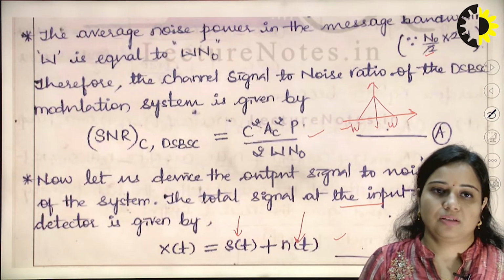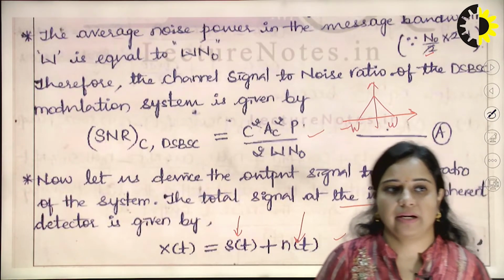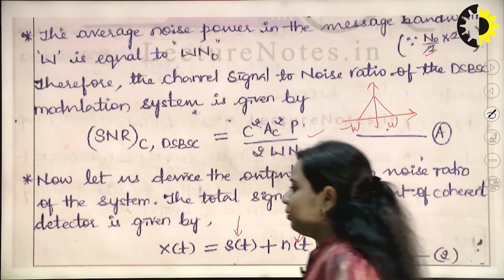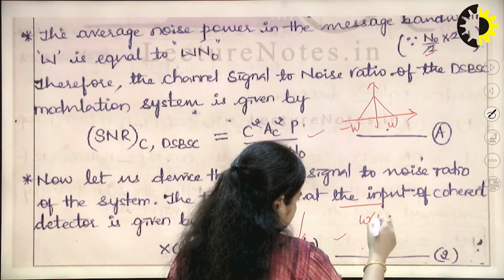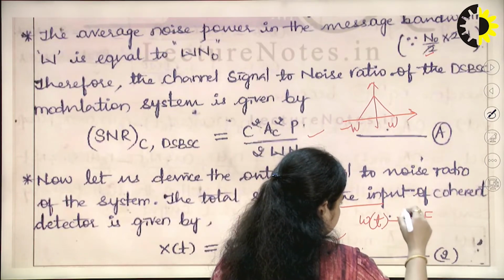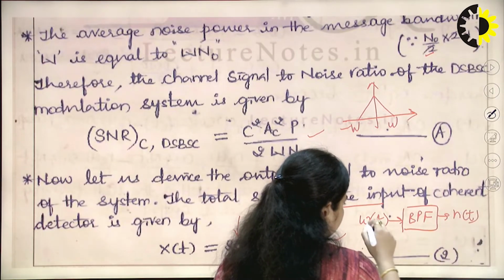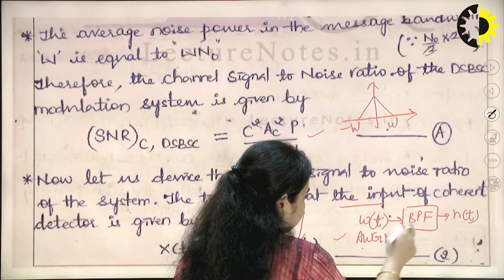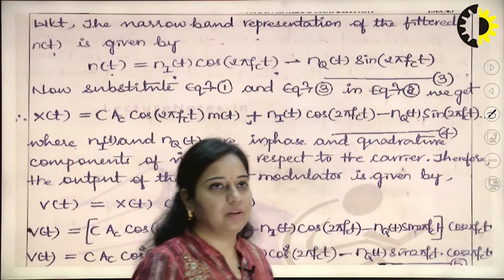The noise is AWGN, additive white Gaussian noise, which is passed through a band pass filter, and the output will be denoted by n(t).